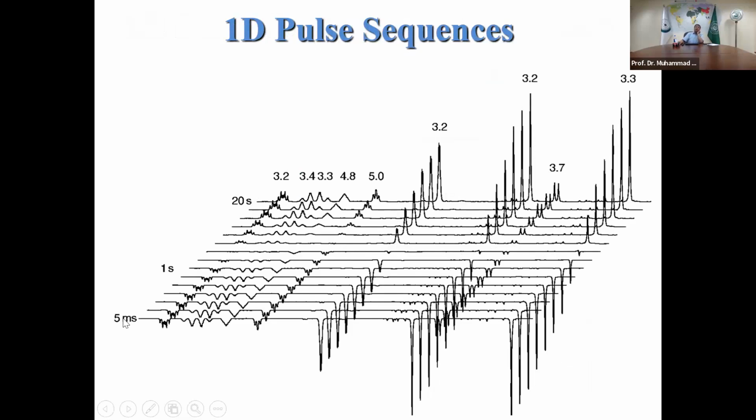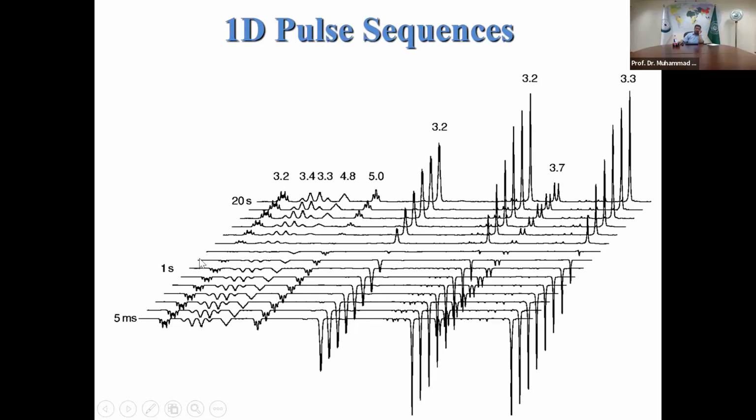When you give a pulse after 5 microseconds, you see all these peaks negative because your detector is on the other side. And in the second experiment, this period is increased, and you see relatively smaller negative peaks.